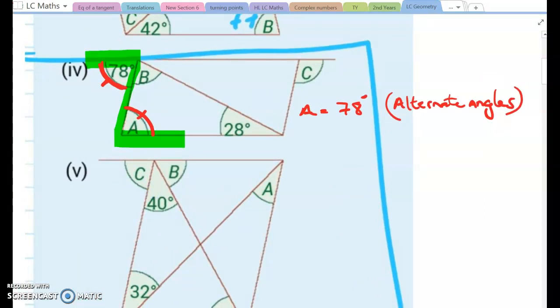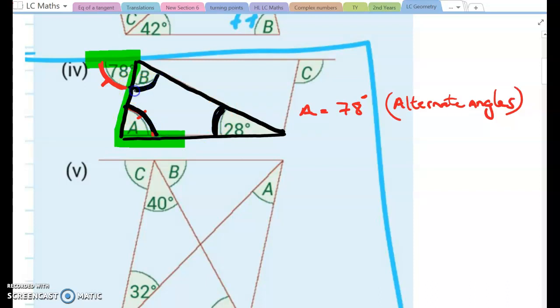Right, now we try and find what B is, because we do it in the order that they gave it to you. So B is part of a triangle, this triangle here, and of course you know that the three angles in a triangle will add up to 180. We have that one, it's 28. We just found what that one is, it's 78.